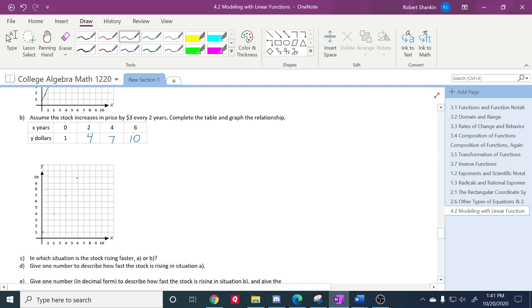And like once again, it looks like we could connect these. I'll just kind of connect in between this time, so we can see the dots. What looks like a straight line, like this.